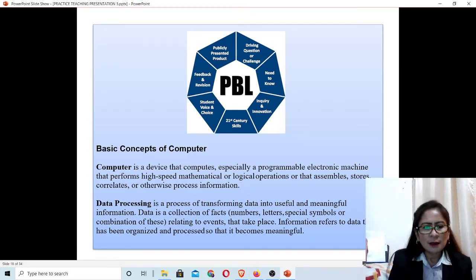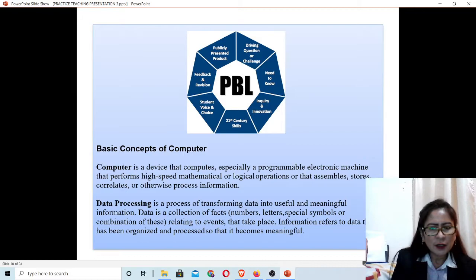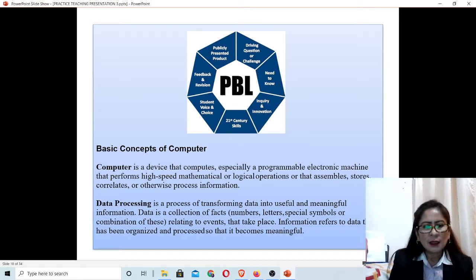Data processing is a process of transforming data into useful and meaningful information. Data is a collection of facts, numbers, letters, especially symbols, or a combination of these, relating to events that take place. Information refers to data that has been organized and processed so that it becomes meaningful.